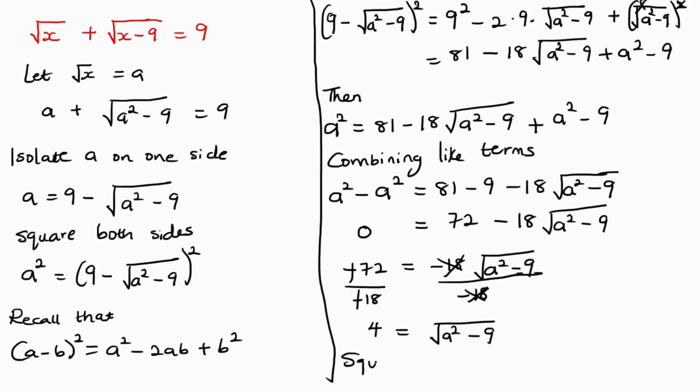So the next thing we want to do is to simply square both sides. Squaring both sides, we have 4 squared equal to the square root of a squared minus 9 all squared, and the square cancels out the root. So we have that 4 squared is 16, equal to a squared minus 9.